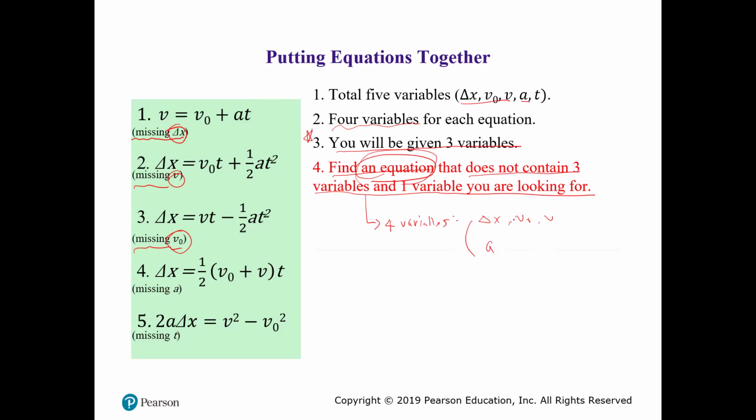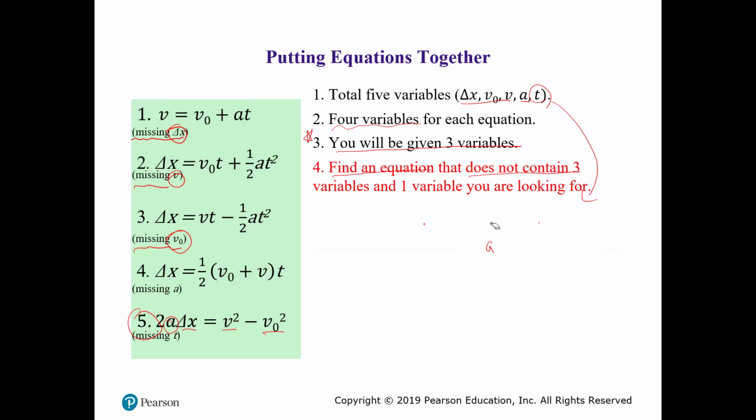So now your equation is about these four values. So it's nothing about t at this point, right? So you find the equation that doesn't have a t. For example, equation number 5. Equation number 5 doesn't have a t, but you are looking for a while knowing delta x, v, and v0. So then you can find a simply, right?